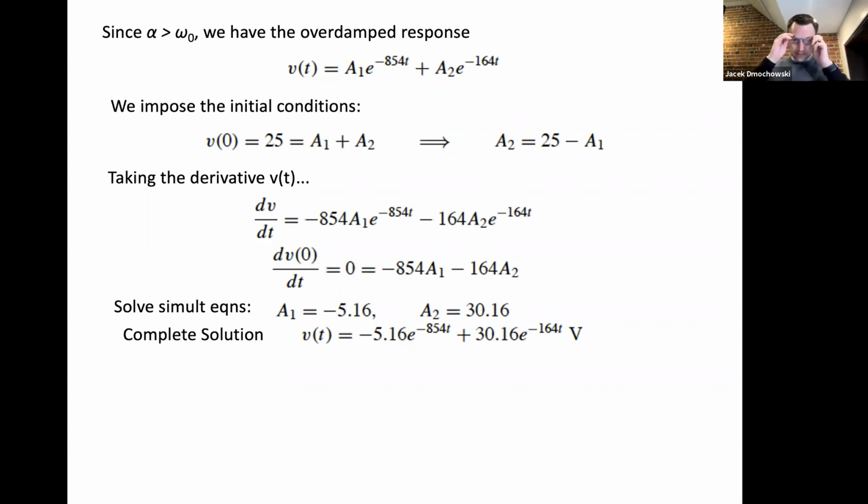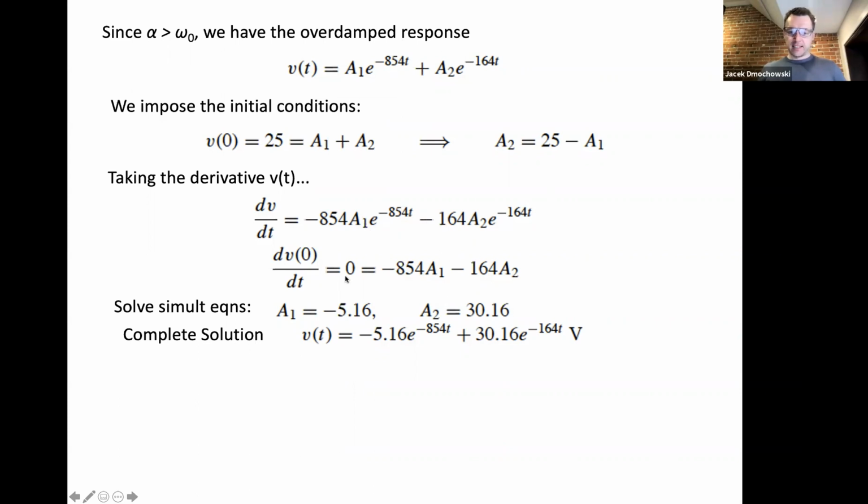And so to get that second equation, we differentiate this general form. And we get negative 854 A1 times e to the negative 854t minus 164 A2 e to the power of negative 164t. So let's simply plug in a value of t is equal to 0 to get rid of these.